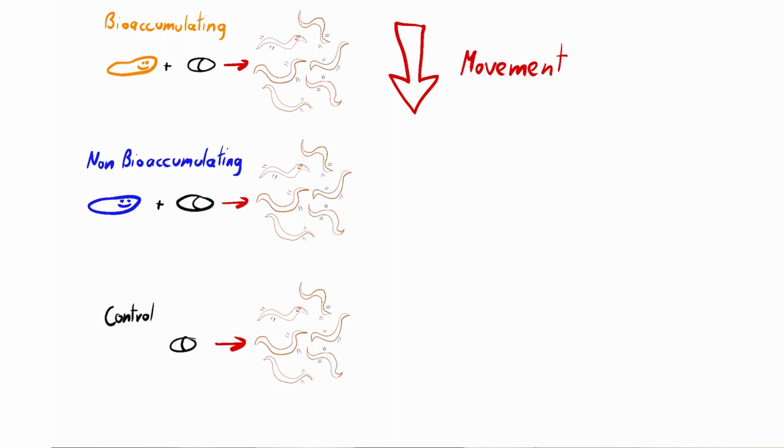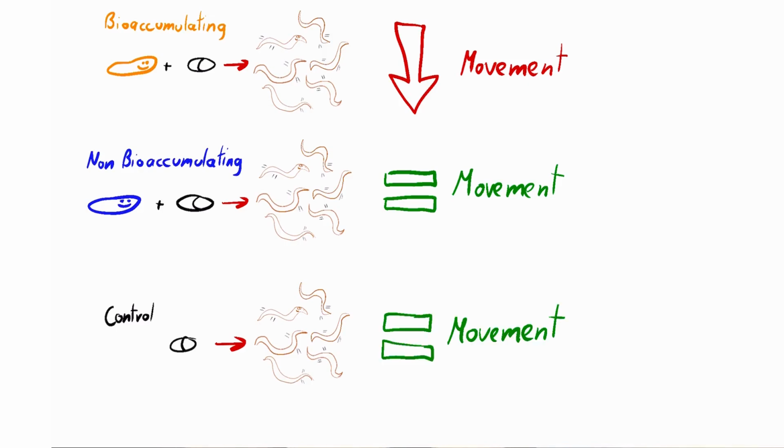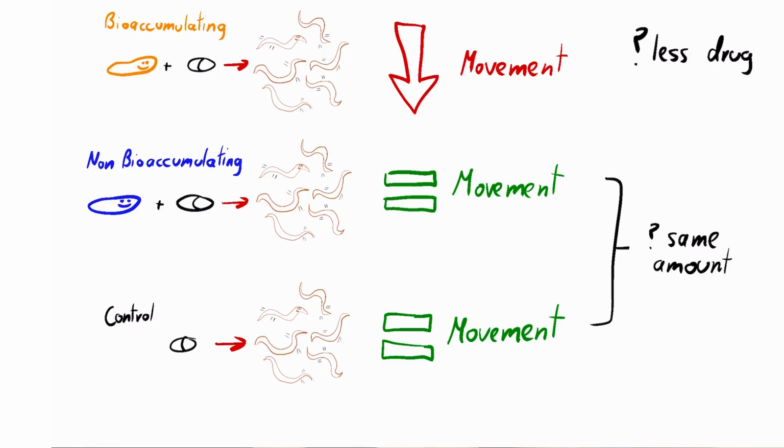They found that the liquid from the bioaccumulating strain had a less potent effect on the nematodes than the non-bioaccumulating strain liquid. And this makes sense because the bioaccumulating strain would have been removing all the drug from the liquid, whereas the non-bioaccumulating strain would have left it in the liquid.